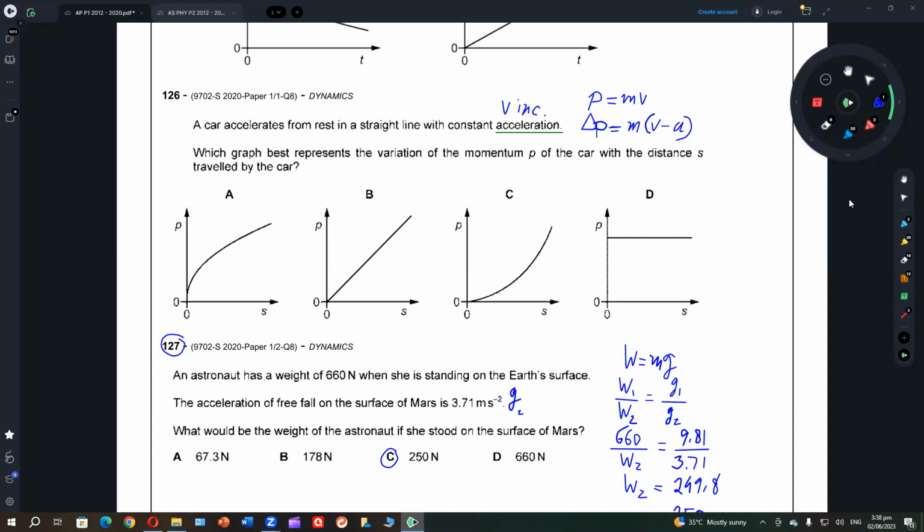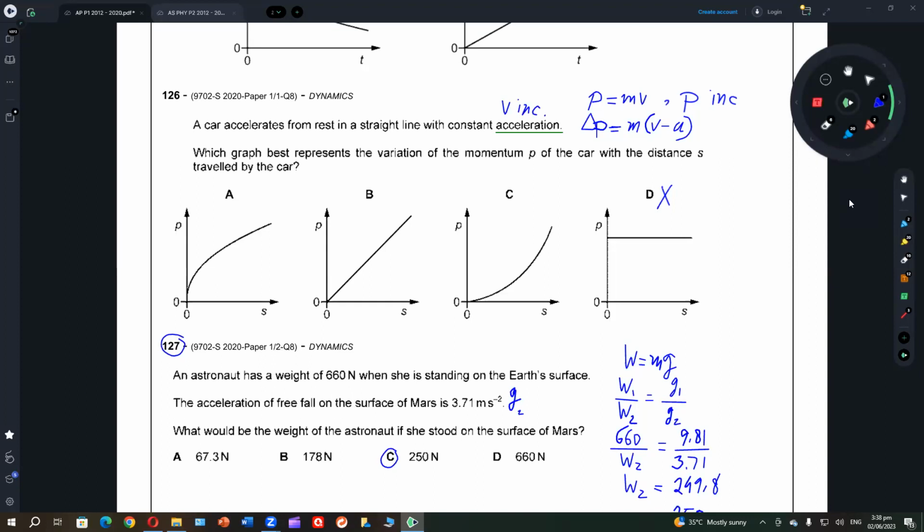But that only gets us to cancel D. Now, can you think of an equation which can relate momentum and distance?